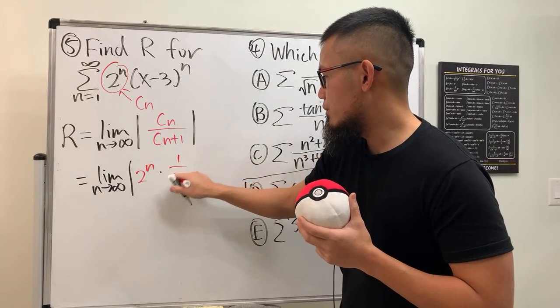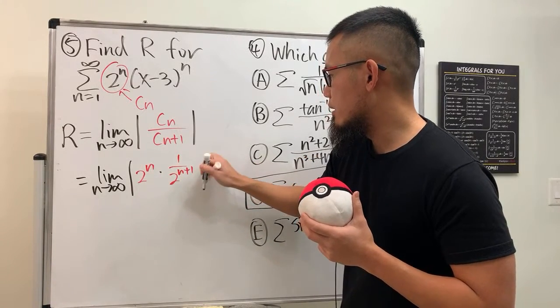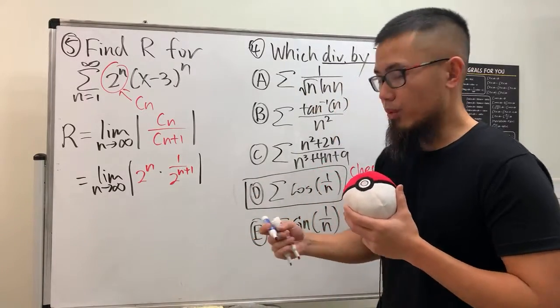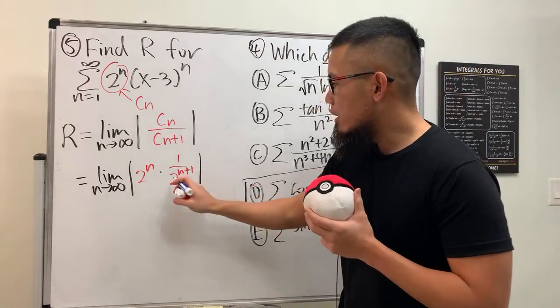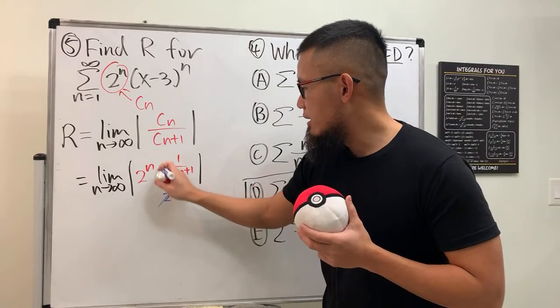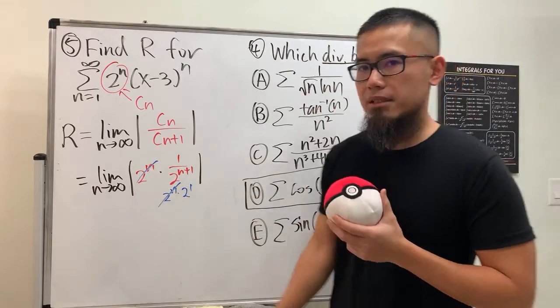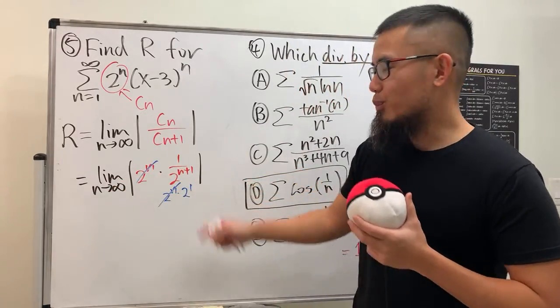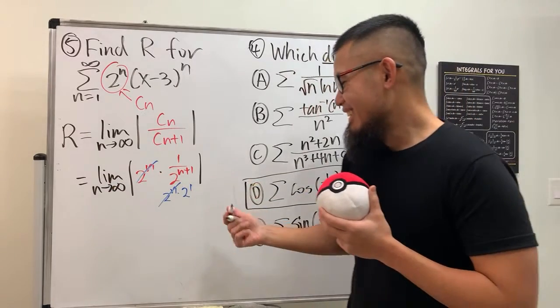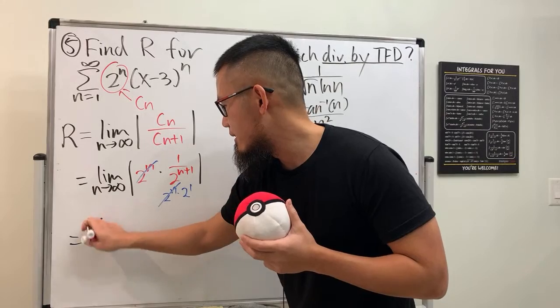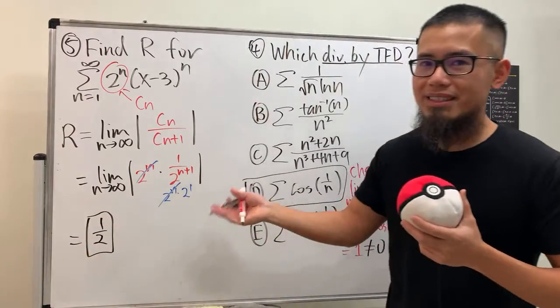This is actually not bad at all if you remember the little things that we have to do. This is the same as 2 to the n times 2 to the first, and 2 to the n cancels. In the end, we do the limit as n goes to infinity, but there's no more n anyway, and we just get 1/2. So nice and easy.